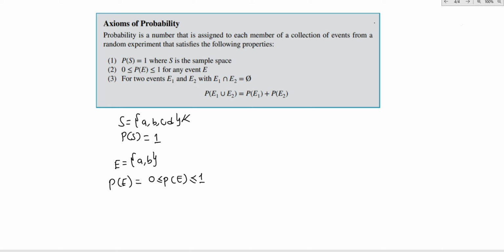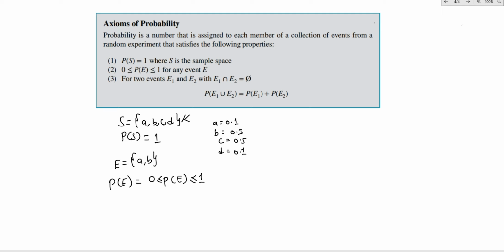In this case, assuming that we have the probability of outcome A to be equal to 0.1, outcome B to be 0.3, outcome C to be 0.5, and outcome D to be 0.1. Those are the probabilities of all the outcomes in this sample space.